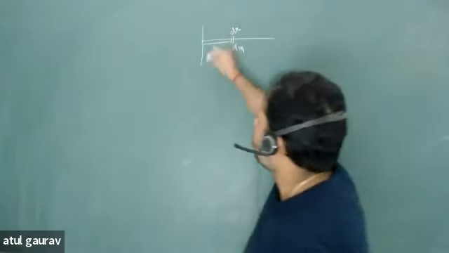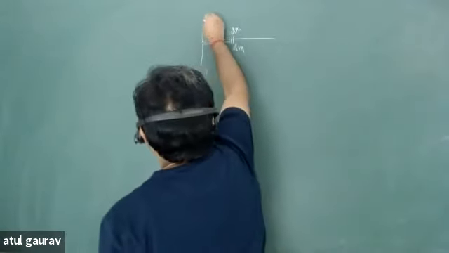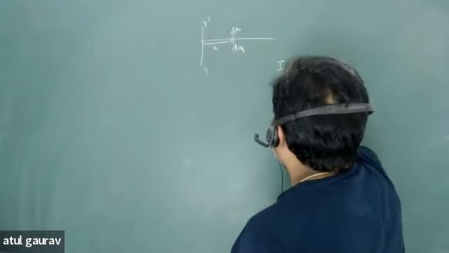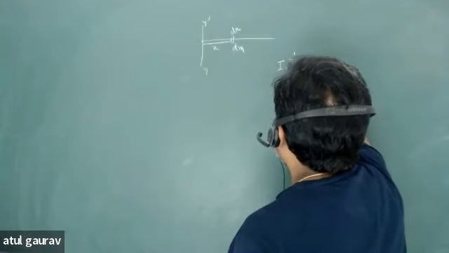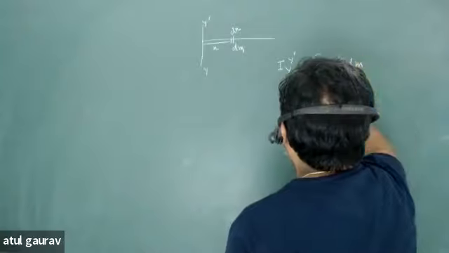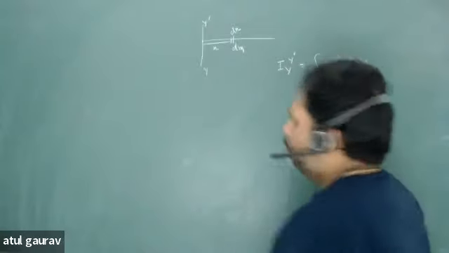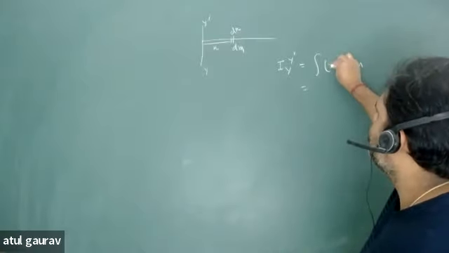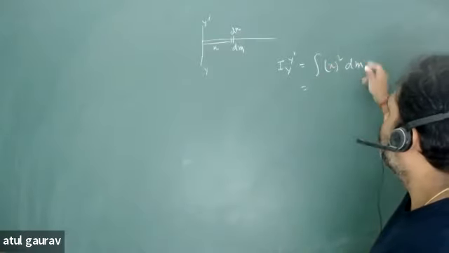Okay, so let's say this is Iyy dash. What will happen? Something square into dm. What is this something square? The perpendicular distance. So this will be x square into dm. And what is your dm here?